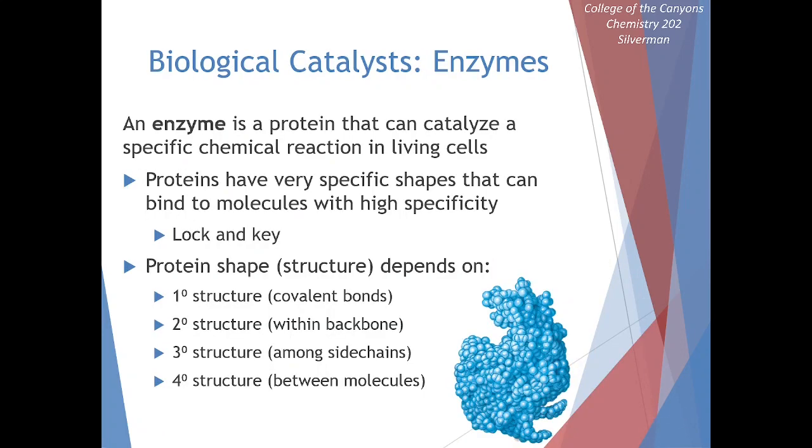In biology, we have a little bit different terminology, but we also have lots of catalysis happening. Our biological catalysts are known as enzymes. These enzymes are oftentimes proteins, where our proteins are a string of amino acids bonded together.